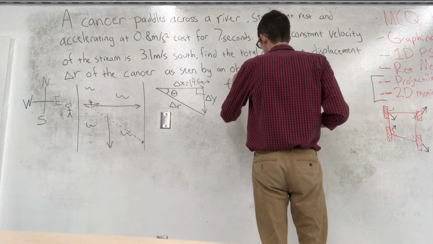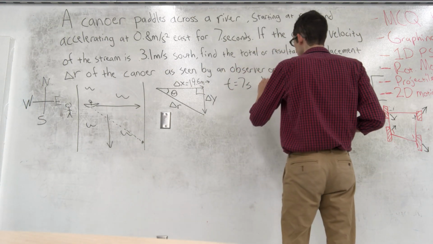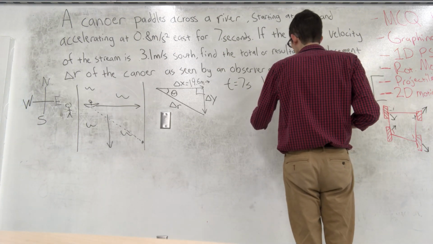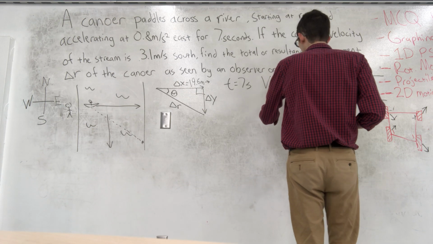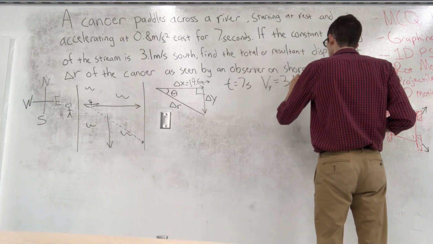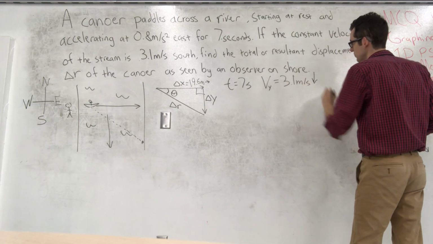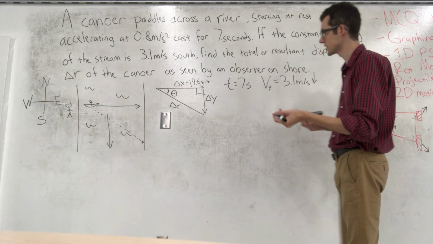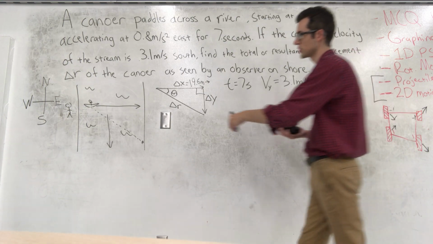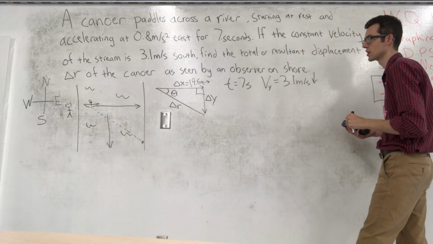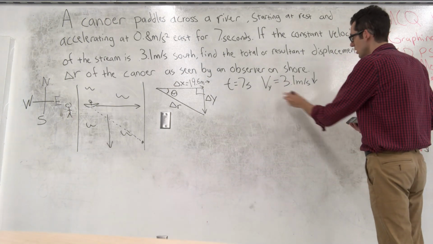Time is equal to 7 seconds. And we said that our constant velocity in the y direction is 3.1 meters per second south. In our case, south is downwards, so we'll go ahead and put down. You could also write south for your direction, but in my problem I can just as easily write down with the descriptive diagram that I've drawn.